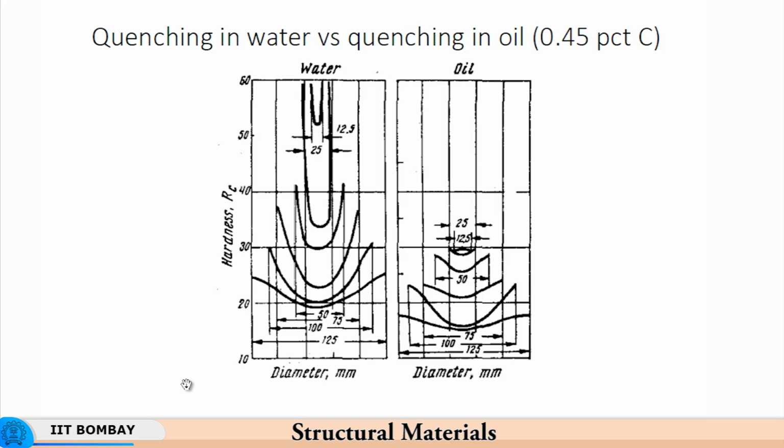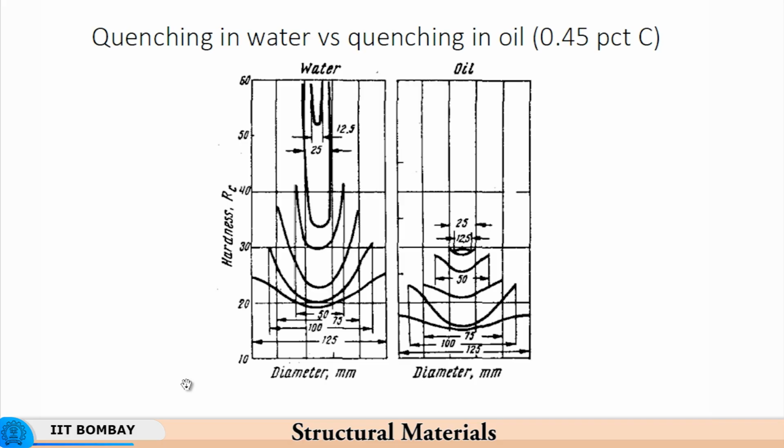Here the diameter is bigger, so now you have a greater variation in hardness. Hardness is maximum at the surface and minimum at the center, and the minimum at the center is far lower compared to when the diameter is small.